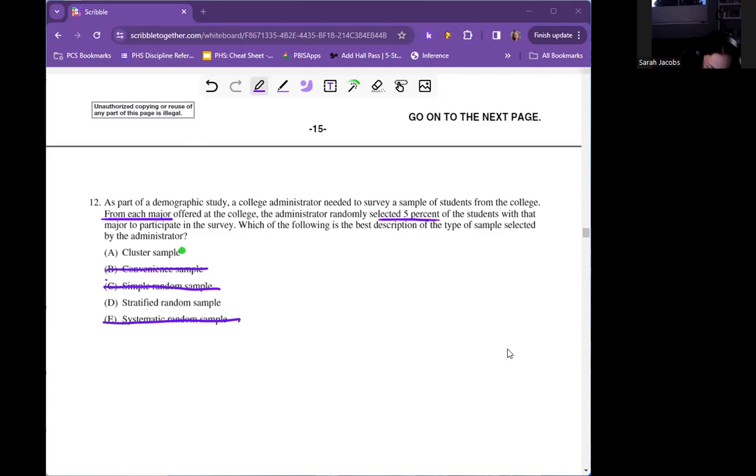So what we're left with is cluster sample versus stratified random sample. These are two that people often get confused. A cluster sample is when you're going to survey everyone within randomly selected clusters, right?